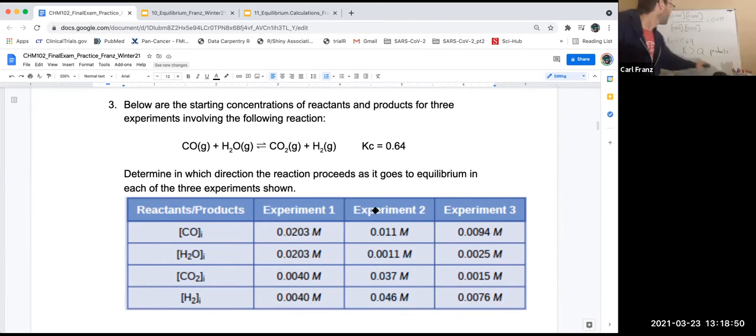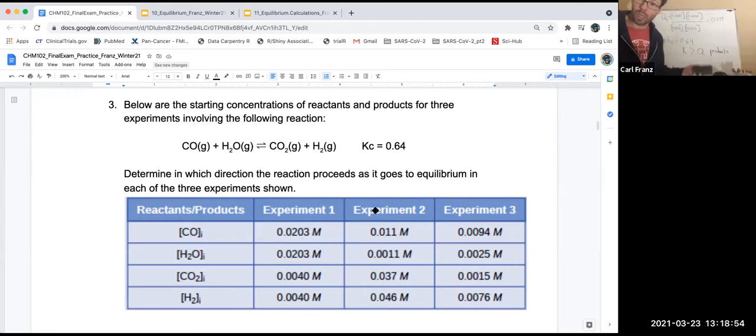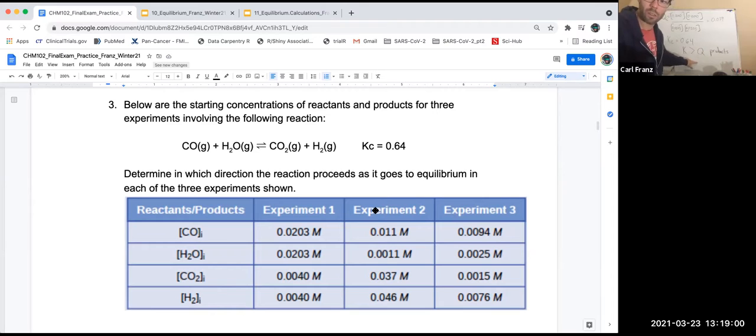Is product favored the right way to say that? Yes, you could say product favored, meaning it's going to go to the products until these equal each other. If it's the other way, it's going to go toward the reactants, reactant favored, until they equal each other. And that's at equilibrium, right? When K equals Q, it's at equilibrium. And it's going to go either left or right until that happens.